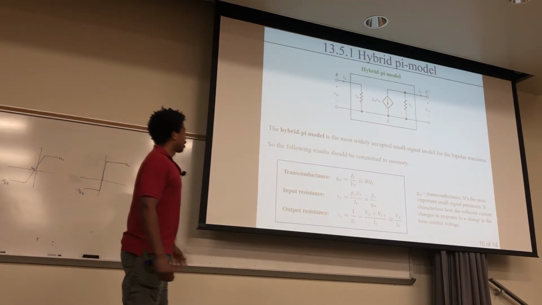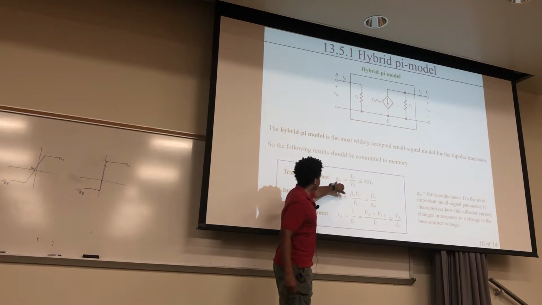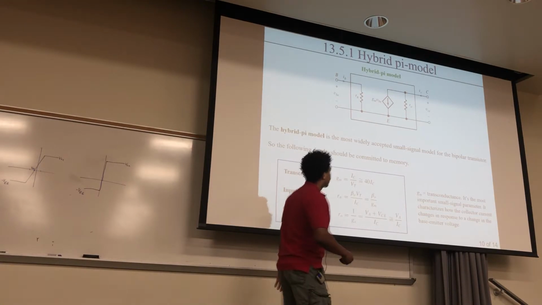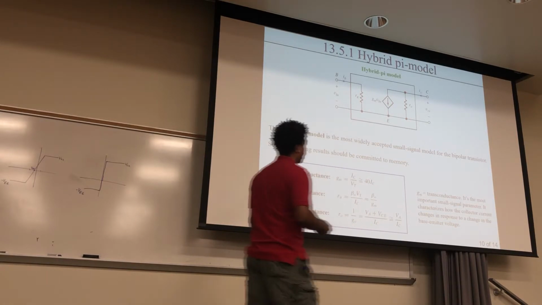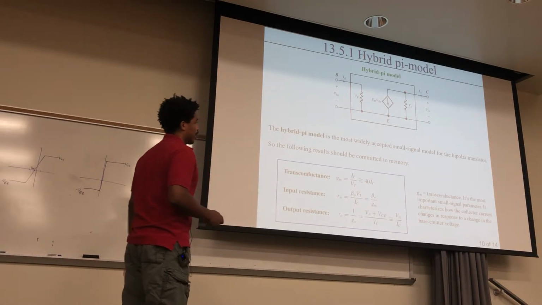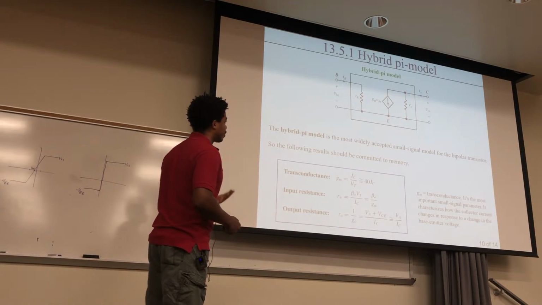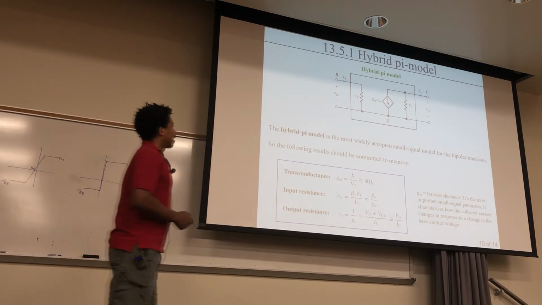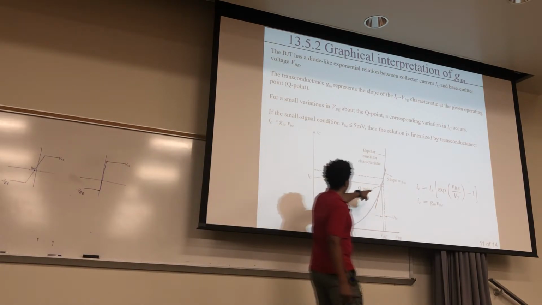The most important quantity of all of these is your transconductance. It says here it's the most important small signal parameter. It characterizes how the collector current changes in response to a change in base emitter voltage. That makes sense, and so we're really talking about this right here.